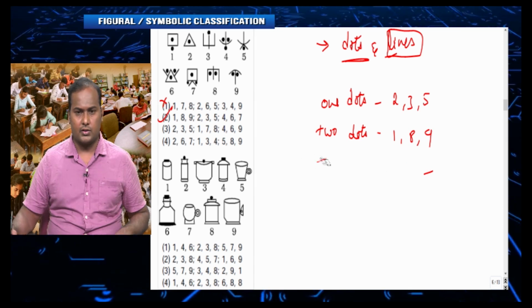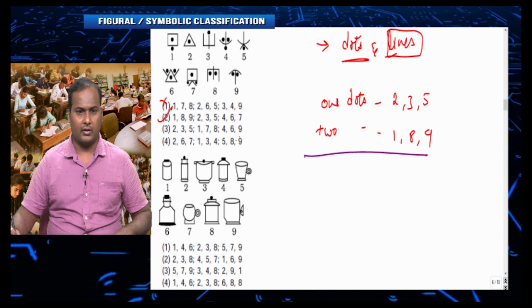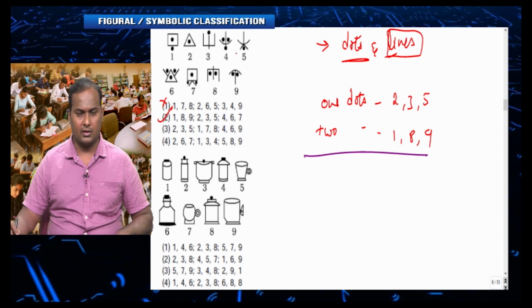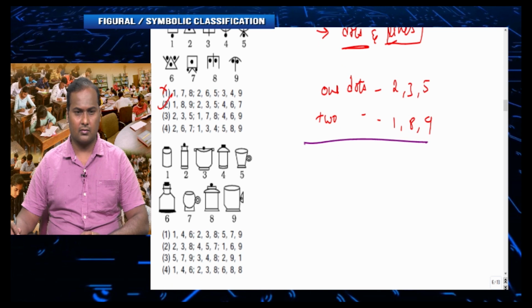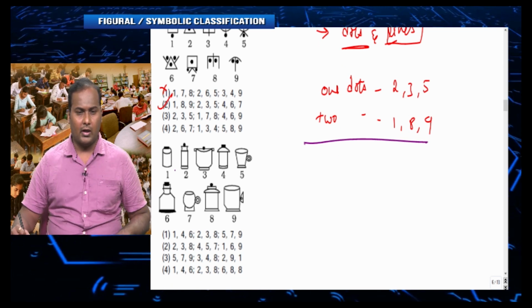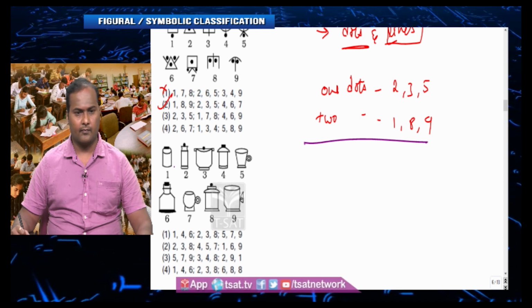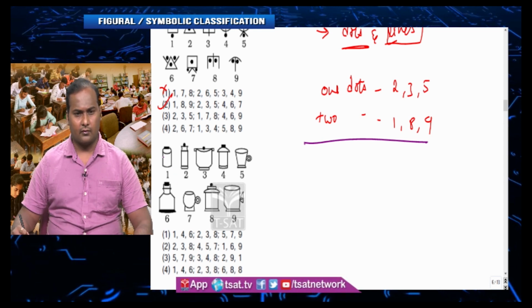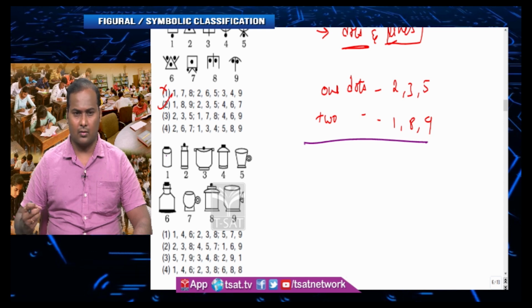See, in this particular question, whenever you see this kind of question, before we consider lines and dots, note that here some figures are given. So whenever you see these kinds of figures, what character can one take for the group? If you see figure 1 and figure 2, both are cylindrical objects.